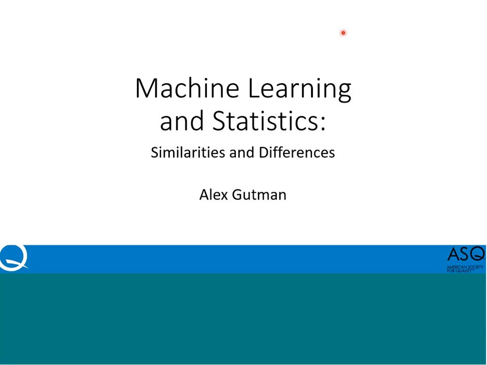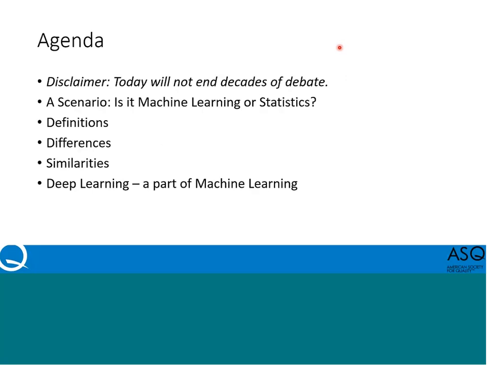Thank you, everybody, for joining this call, and thanks to the Statistics Division for the invite to talk about machine learning and statistics. So our agenda today, my disclaimer is that today is not going to end decades of debate.